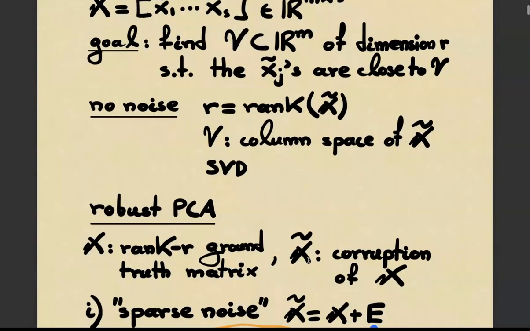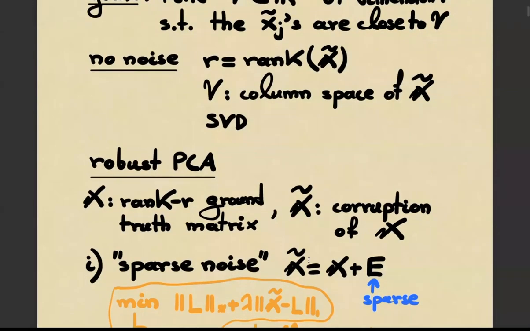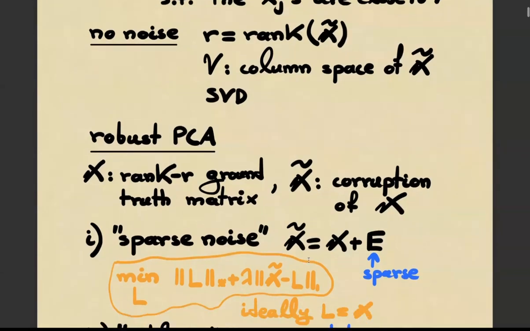Now, there are three main kinds of corruptions that have been considered in the robust PCA literature. The first one is sparse noise. So the corrupted matrix X tilde is the ground truth rank r matrix X plus a sparse matrix E.